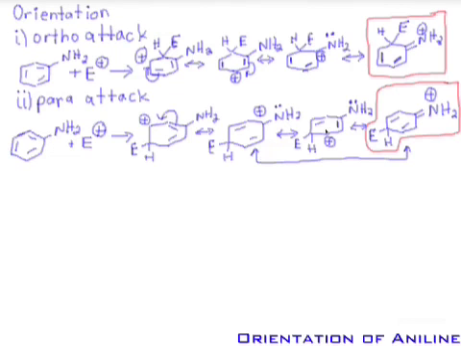Now let's consider meta attack. Notice when you answer a question where you consider each site of attack individually, you must draw structures for each attack: ortho attack, para attack, meta attack. You must consider each one individually.